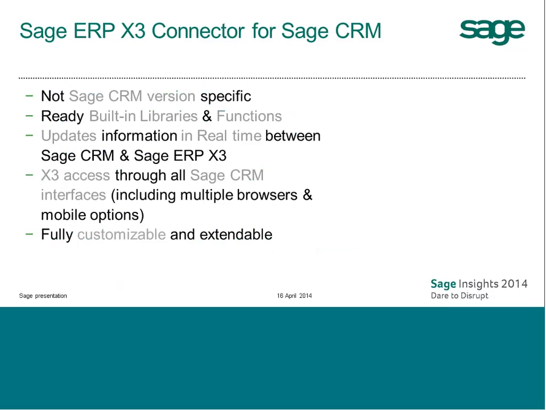So some basic points. Because the X3 connector is based on what we call the Webservice Framework that's been around for a number of years, it's not CRM version specific. It does go back to the likes of 6.2, 6.0, and so on. Really, the reality is that a lot of the flagship versions and testing have been around 7.1 and 7.2, working with X3 6.5. But again, we are not specifically saying that that's the only compatibility.